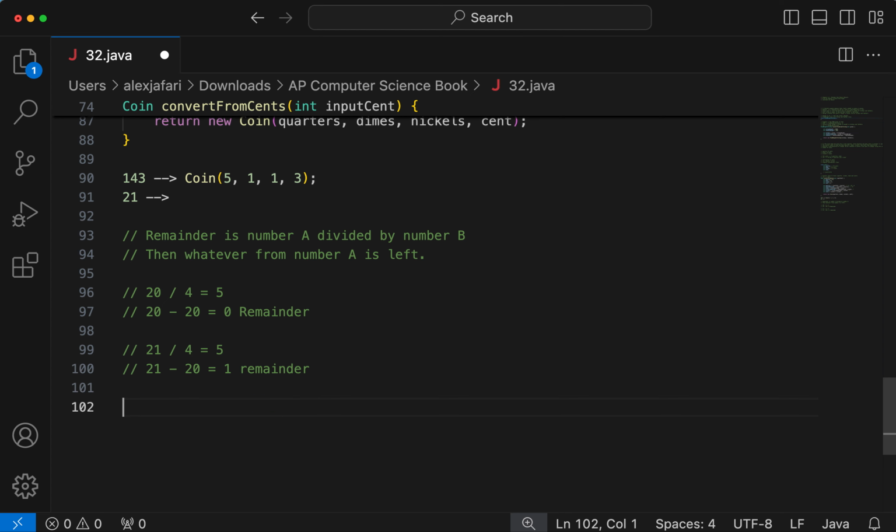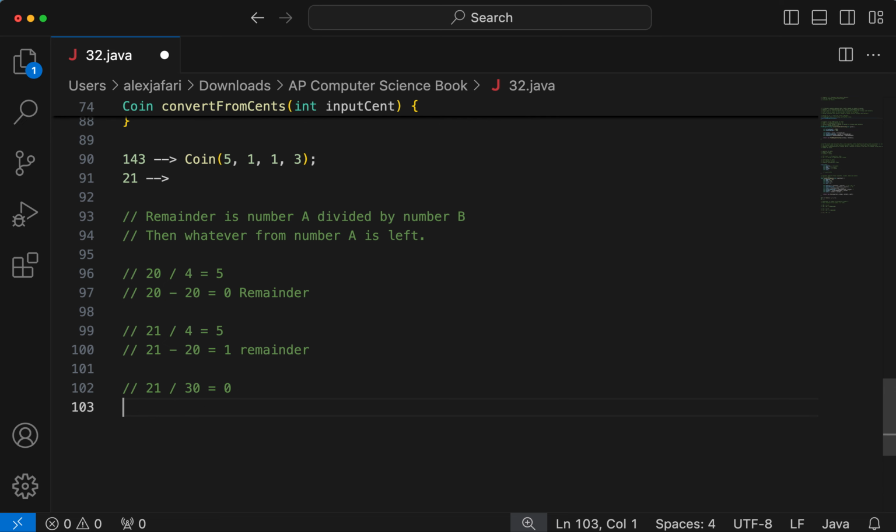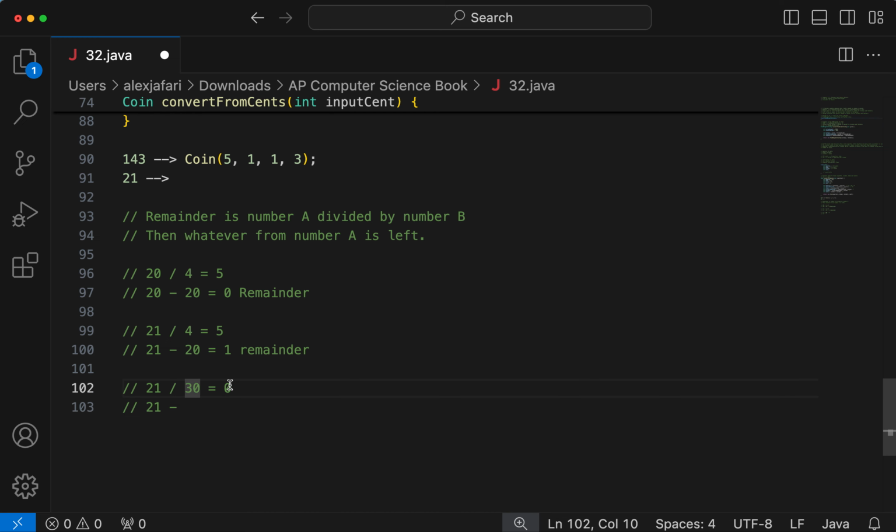Okay. So if I have 21 divided by 30, what is that going to be? 0, exactly. And it's going to be, well, I started with 21. And what's 30 times 0? 0.